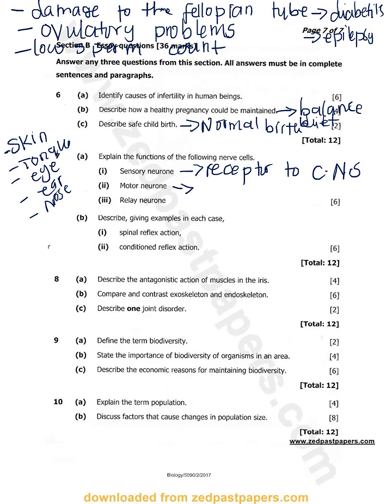Now let's look at the motor neuron. It is the opposite: it transmits information interpreted in the central nervous system to the effector.